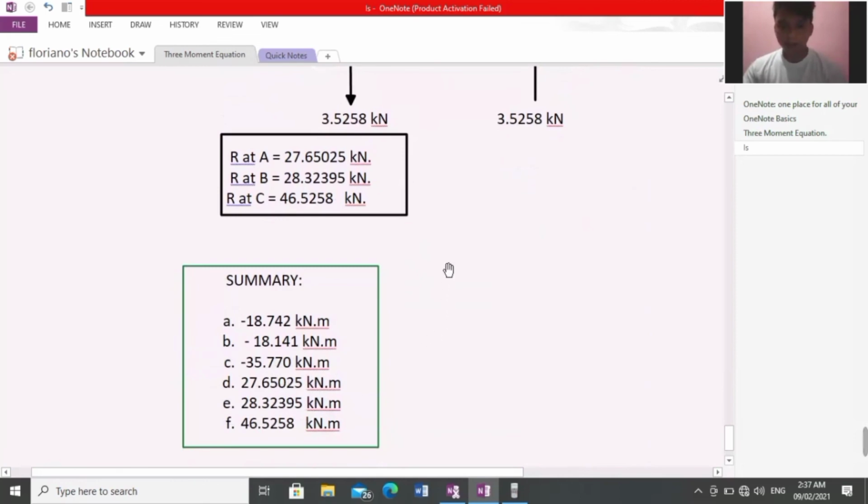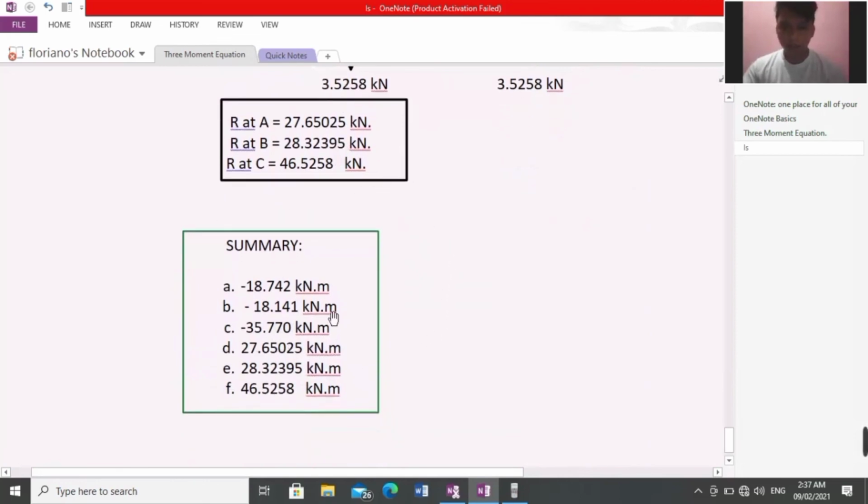And yung mga reaction is ito lang. 27.65025 kilonewton. So, pasensya na guys kung nalagyan ko na moment dito. So, yan. And 28.32395 kilonewton. And sa C is 46.5258 kilonewton.